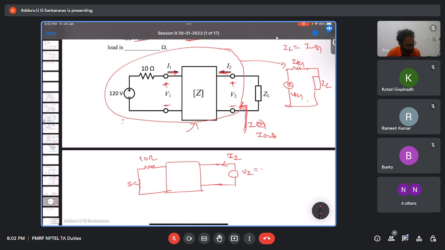Instead of Vx and Ix, I'm just saying V2 and I2. This ratio, the voltage by current, is nothing but the equivalent output impedance seen from the output terminals. You got it, right?